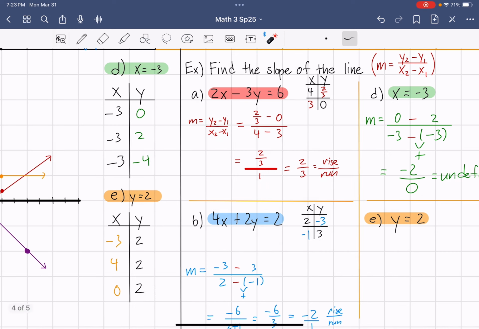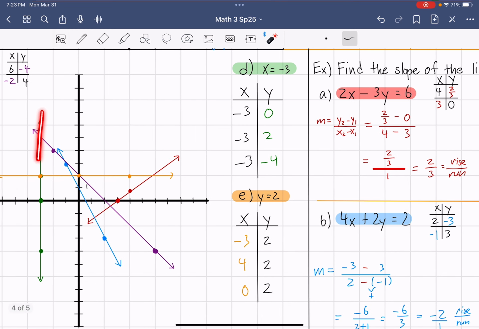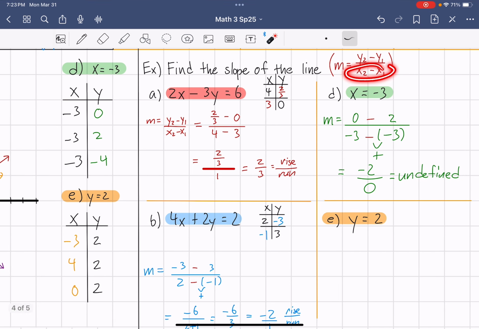And this is going to be true anytime you deal with a vertical line, because the only time to get a vertical line is when your x's are all the same. And if you try calculating the slope, when you subtract them, you're going to get 0. So this isn't just for this example. This is actually going to happen for all vertical lines. You're always going to end up with a slope that's undefined.